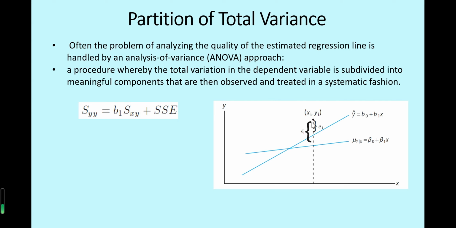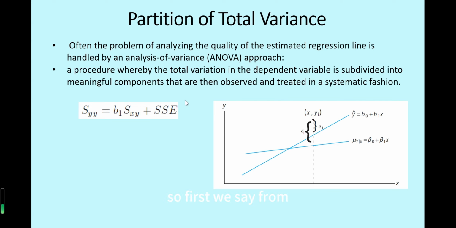One aspect of evaluating the model's explanatory power is to check the variance explained by the model and not explained by the model. This approach is called analysis of variance. We will subdivide the total variance of the dependent variable into parts.